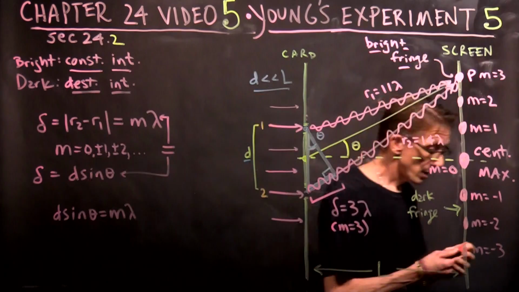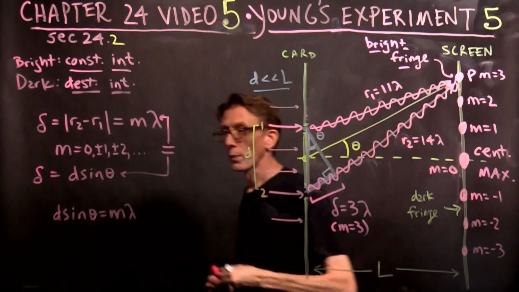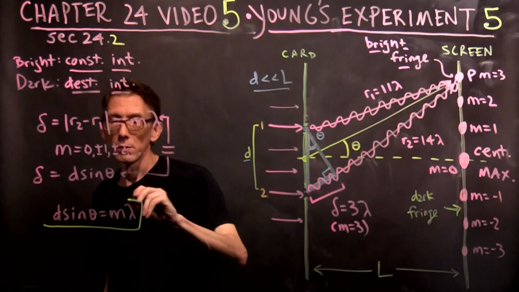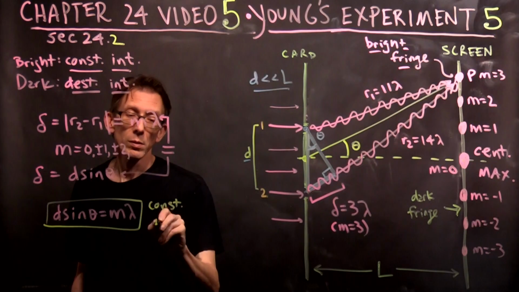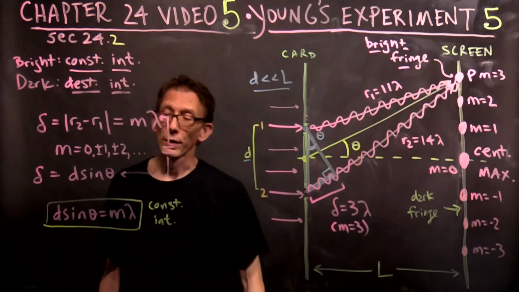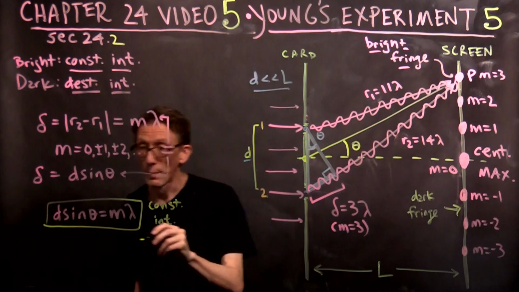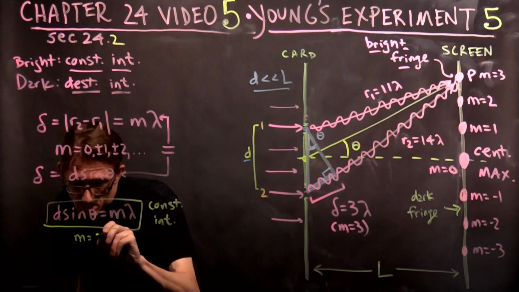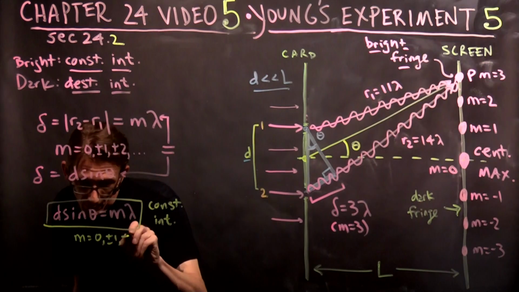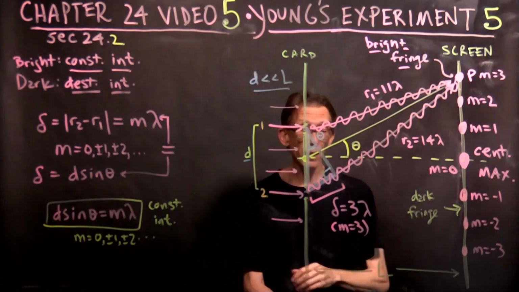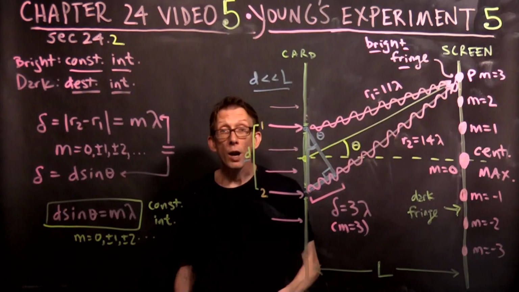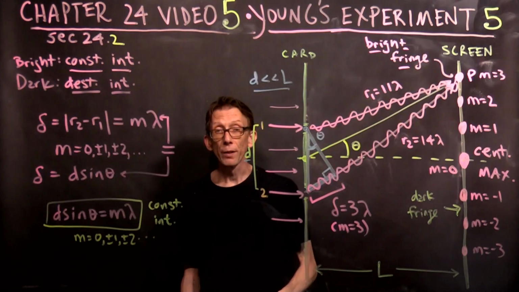That is the condition for constructive interference, where m is 0, plus or minus 1, plus or minus 2, and so on. That is the condition for constructive interference.